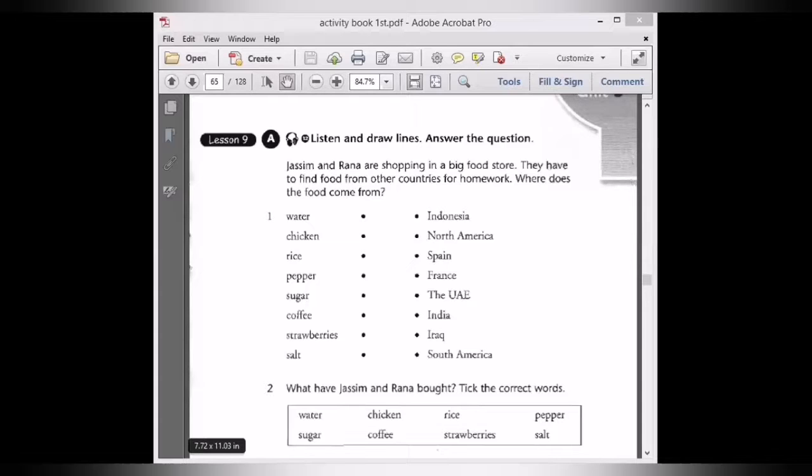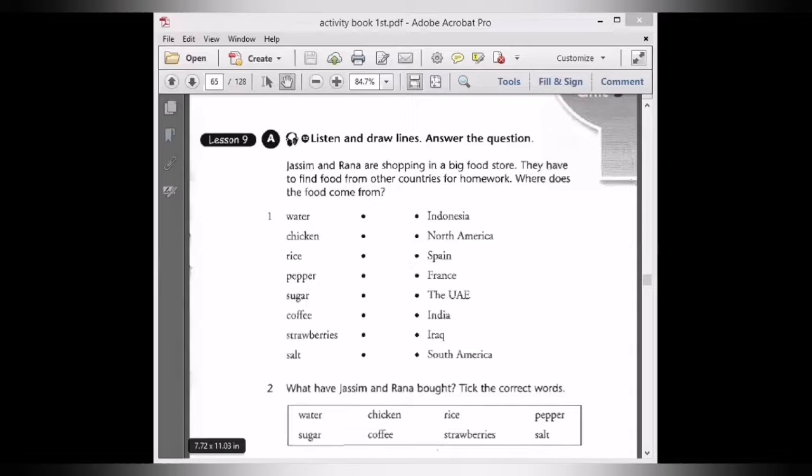Do you have a problem listening to the conversation? Now let us check it again and see if you can hear it. Unit 5, Lesson 9.